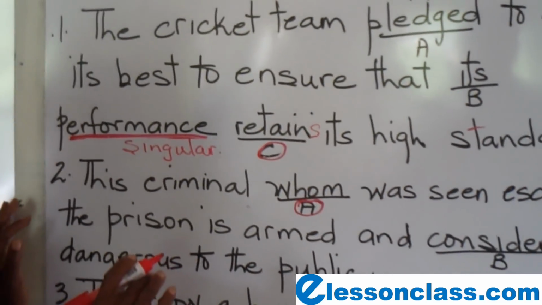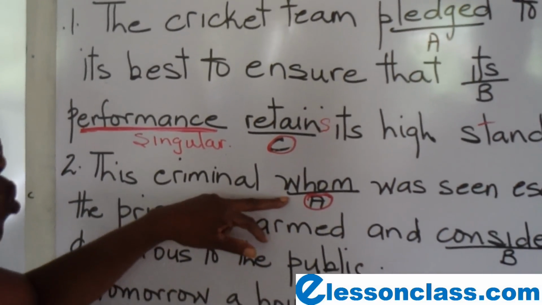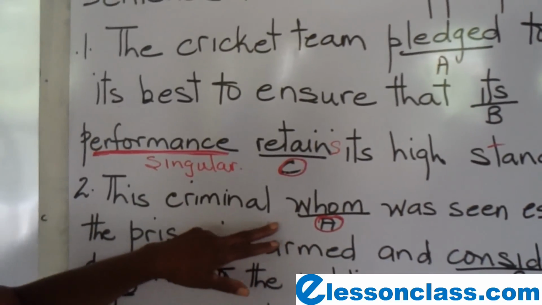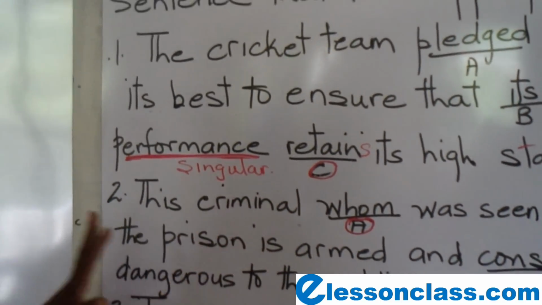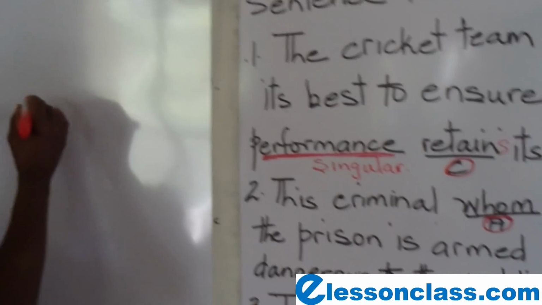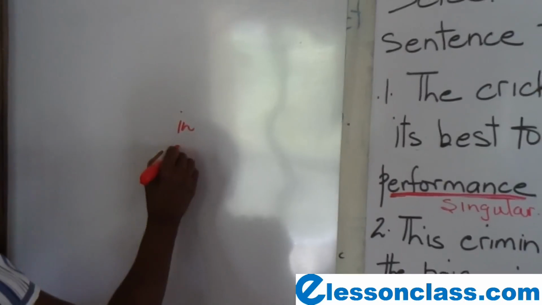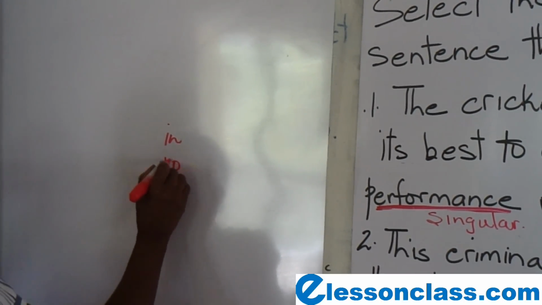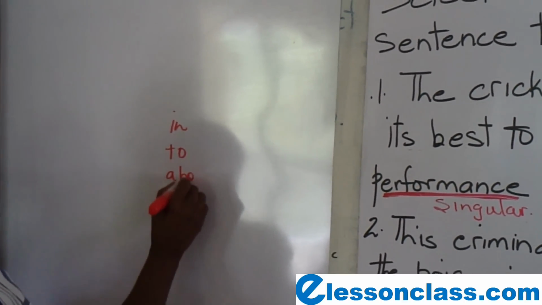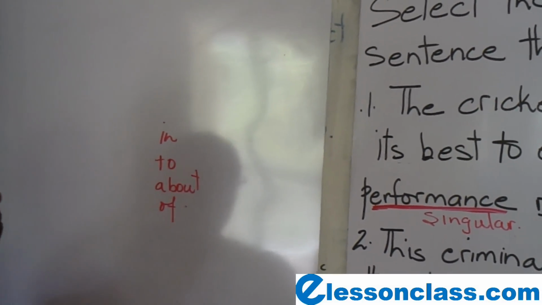Whom is a pronoun, but we do not use this pronoun like that. Whenever we use whom, it has to be used with prepositions like in, to, maybe about, or of, right?